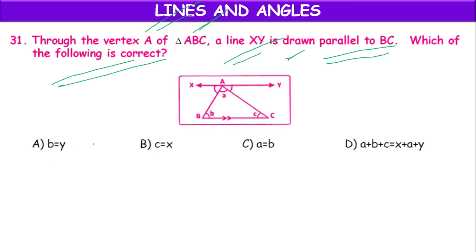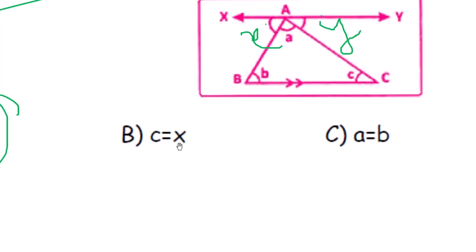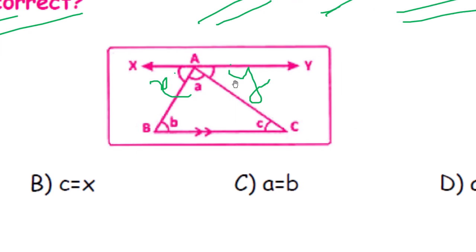Angle B equal to angle Y. So they have taken this angle as X, this angle as Y. Now they are telling angle B equal to Y, we have to think about that.